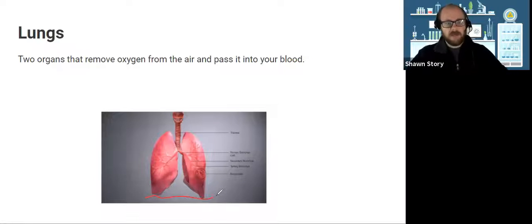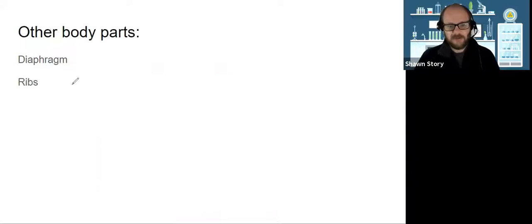It pulls to create that space to allow oxygen coming in, right? And then contracts. The diaphragm is a muscle across our abdomen, not the actual organ of the stomach, that helps us breathe.